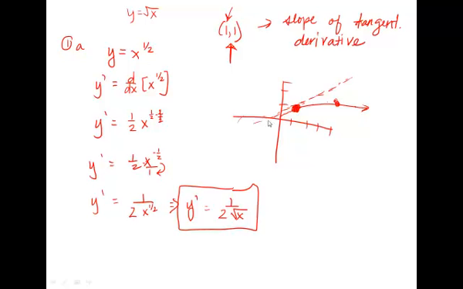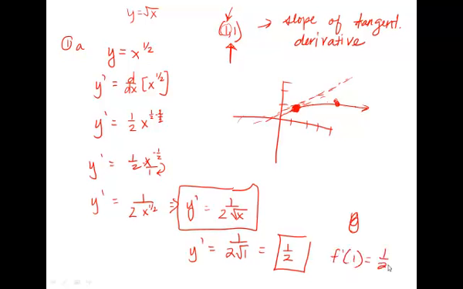What is that tangent line equal to? So y prime, I'm going to plug in my x value, 1. What I get is this is equal to 1/2. Okay, so y prime, another way to say it, f prime of 1 is equal to 1/2. So my derivative at x equals 1 on my function is going to be 1/2.